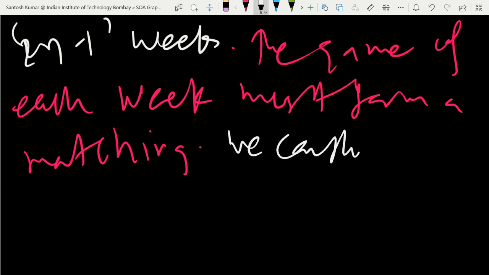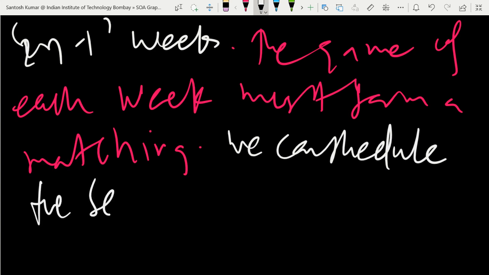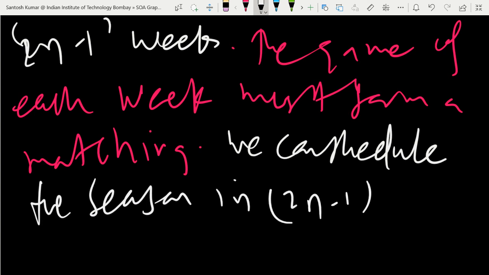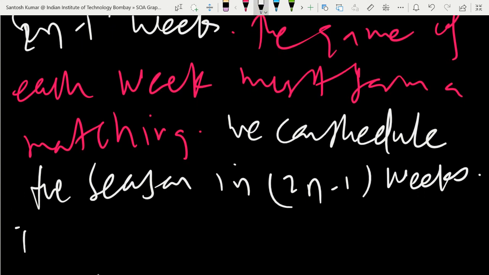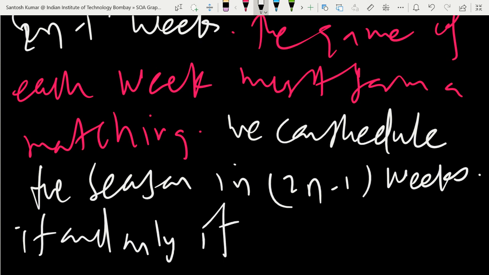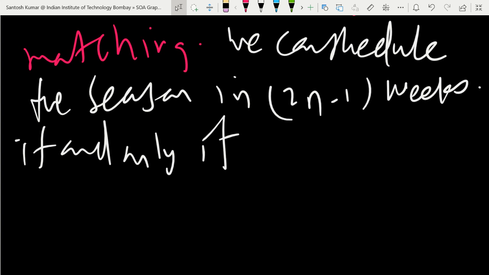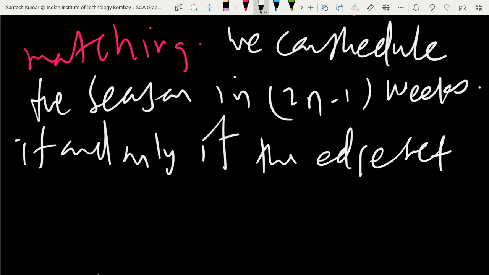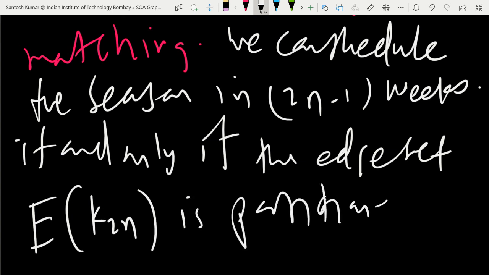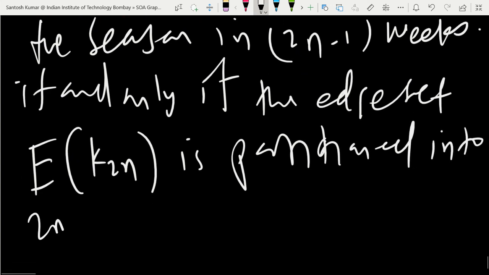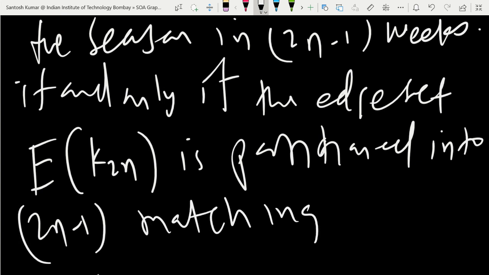So what we can do is schedule the season in 2n minus 1 weeks if and only if the edge set, which we denote by E of K2n, can be partitioned into 2n minus 1 matchings.